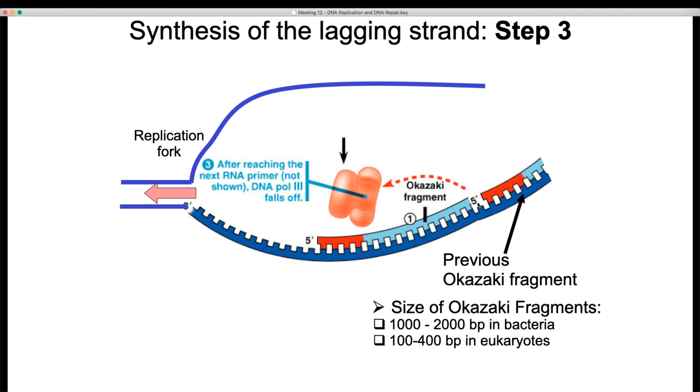It's going to use the end. Okay, this 5', it's a bad picture, is talking about the beginning of this primer. Right here at the end of the blue is actually 3', and that's what it uses as a primer: the 3' end of the upstream Okazaki fragment. It just adds to that.